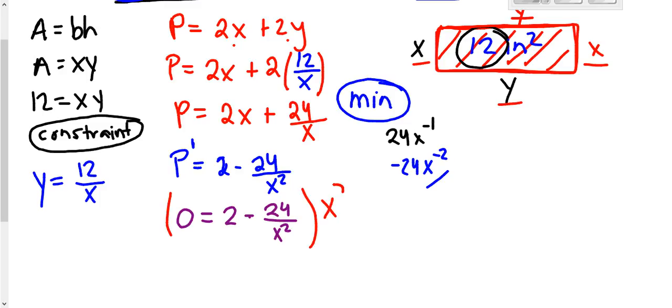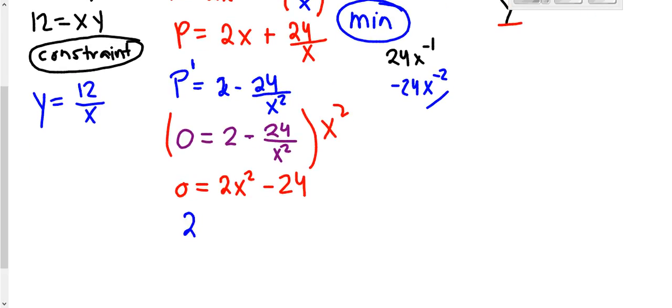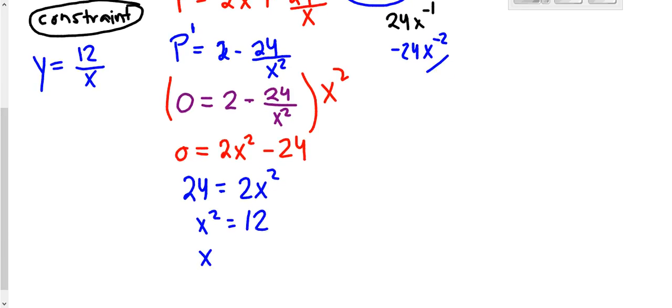We're going to multiply by x squared. 0 times x squared is 0. 2 times x squared is 2x squared. And this cancels. This is the whole point. The x squareds cancel and I just have 24. This I can solve, no problem. Add 24 to get 24 equals 2x squared. Divide by 2, so x squared is 12. Take the square root. X is the square root of 12.